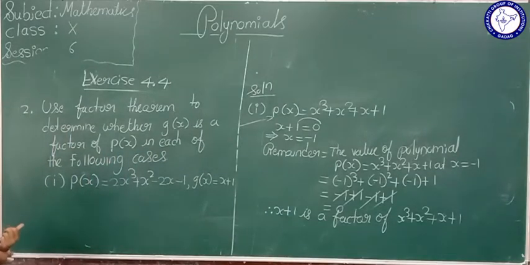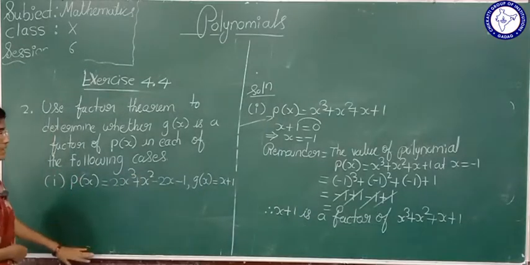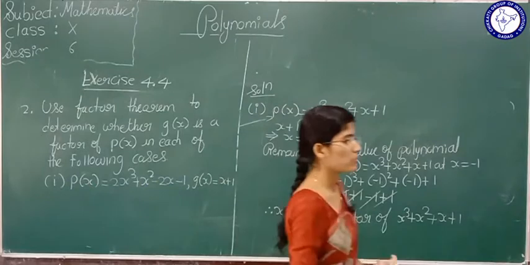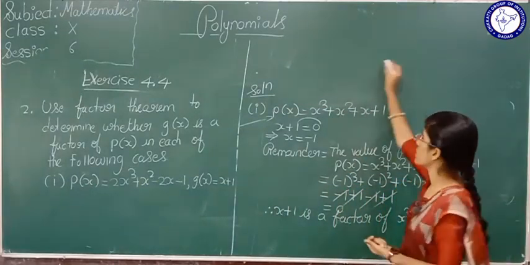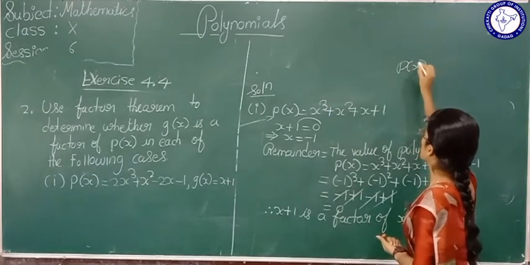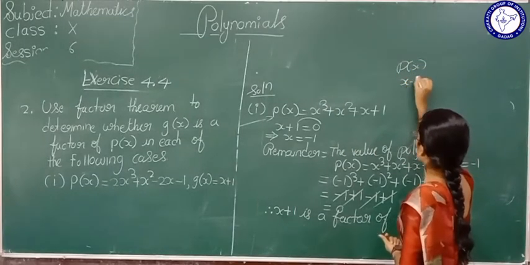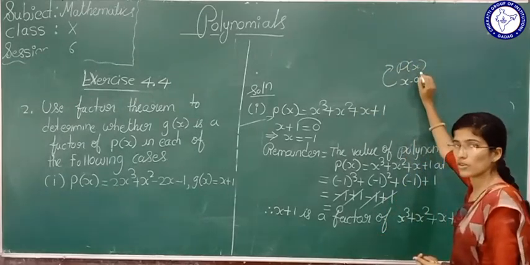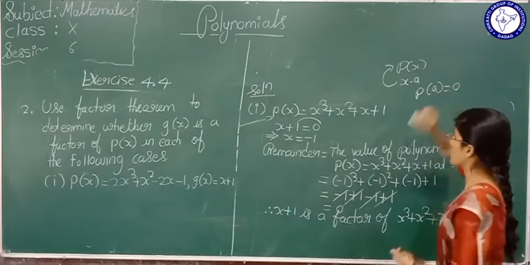Now see, we have to check here whether g of x is a factor of p of x by using the factor theorem. What does the factor theorem tell us? If a given polynomial is p of x, if x minus a is a factor of p of x, this is possible only if p of a is equal to 0.